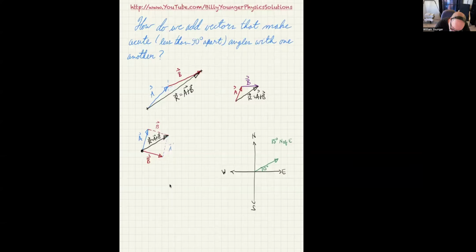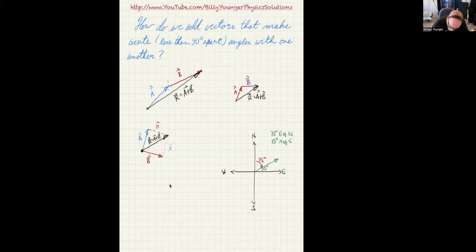But it could also be called, since the total angle between east and north is 90, if I subtracted 15 from that, that would give me 75. So we could also say it's 75 degrees east of north. That's also acceptable, and that's specifically because this angle right here would have to be 75 degrees.